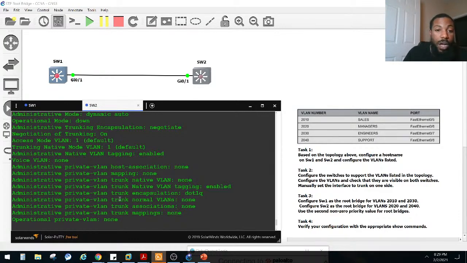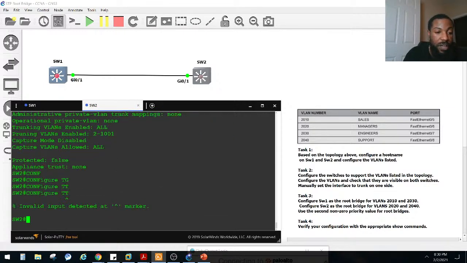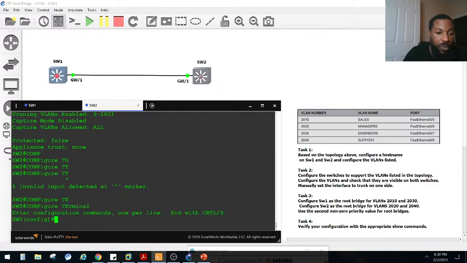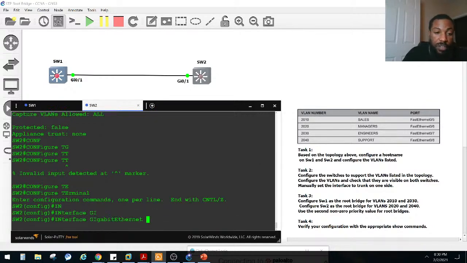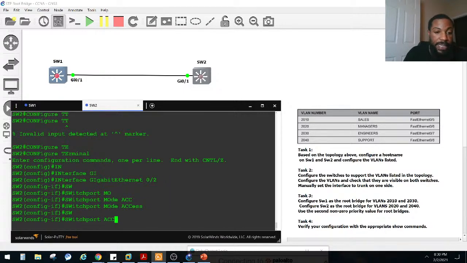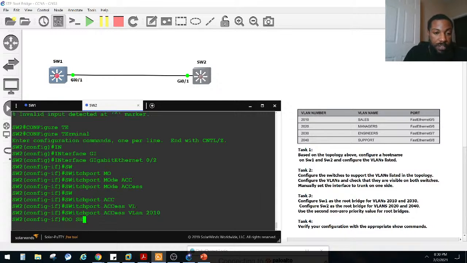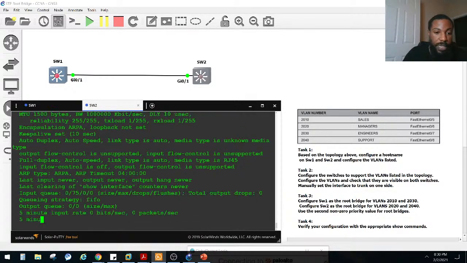So go back to switchport 0/2, and we want to put that in access mode and also put it in its respective VLAN. So interface gig 0/2, switchport mode access, switchport access VLAN. We said 2010, and then let's see what happens to it. Show interface gig 0/2. Oh, I meant to put switchport at the end of that.